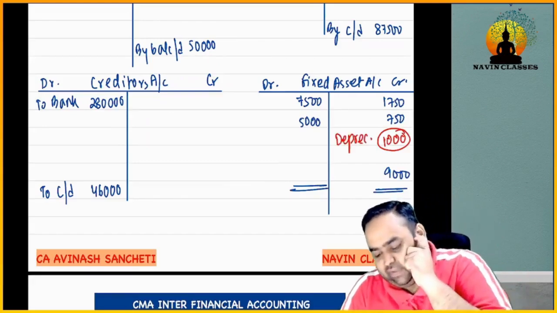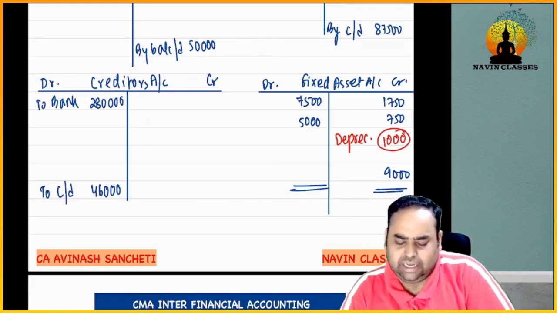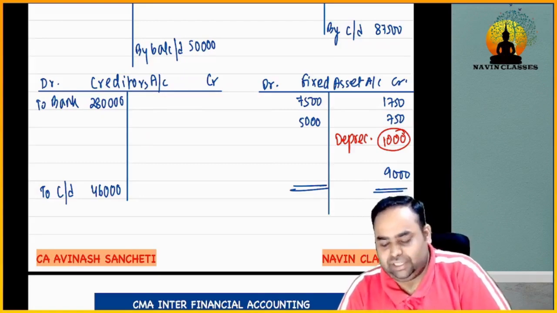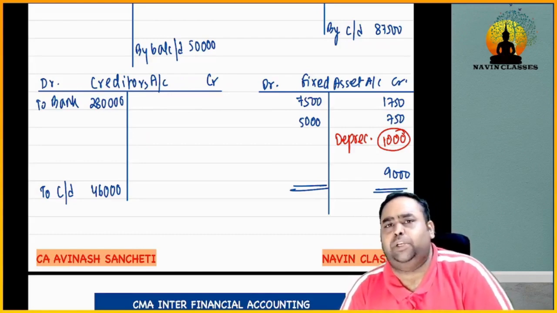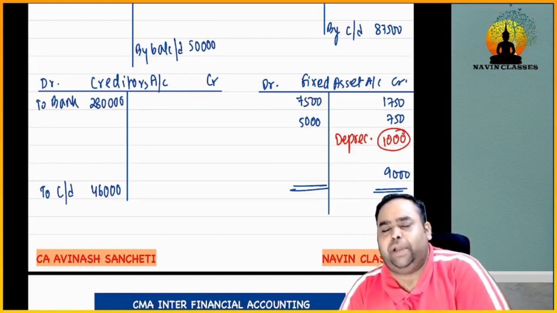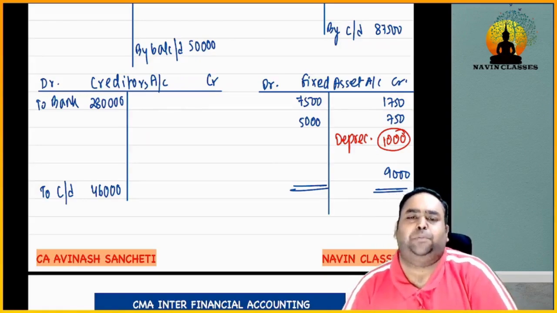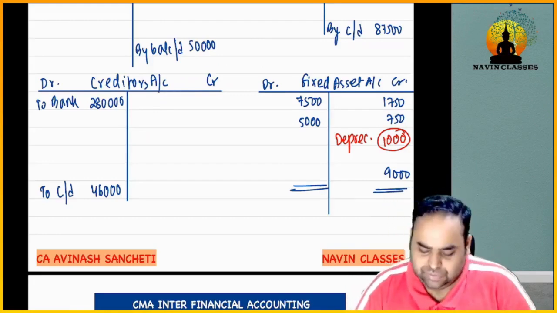Is it 1,000 or 1,500? It's coming as 1,000. You can create these ledgers to balance BD, to bank, by PL, by balance CD. 5 plus 5 is 10, but closing is showing 9, so a depreciation of 1,000.